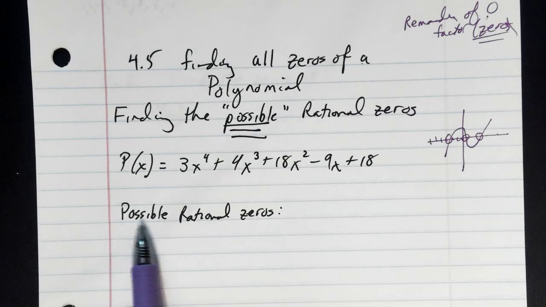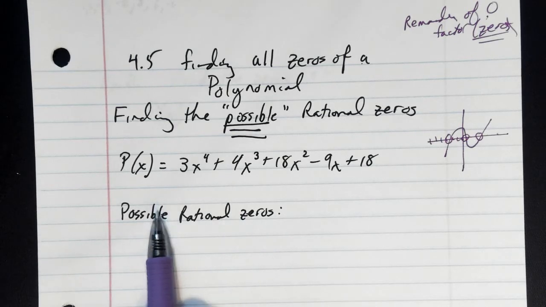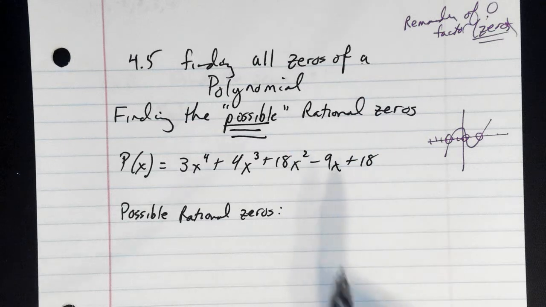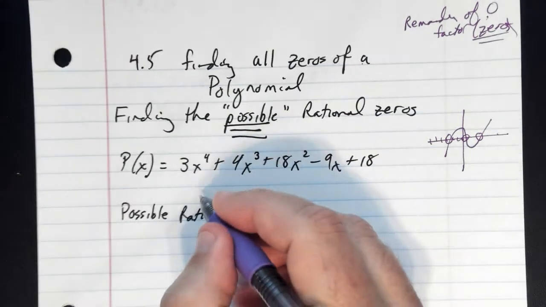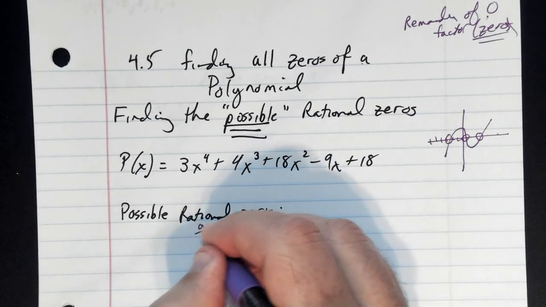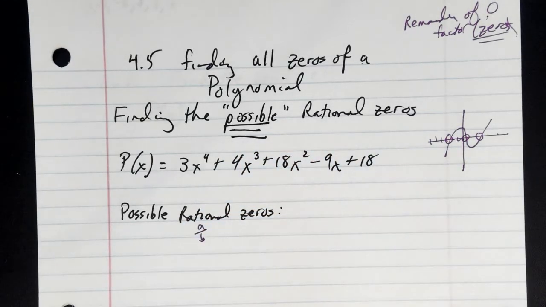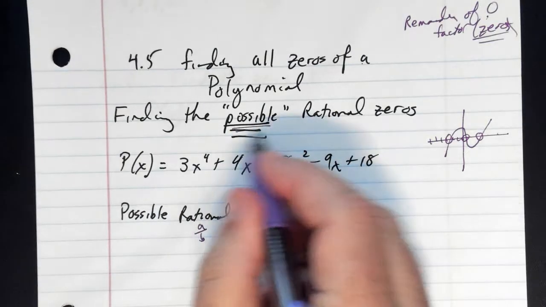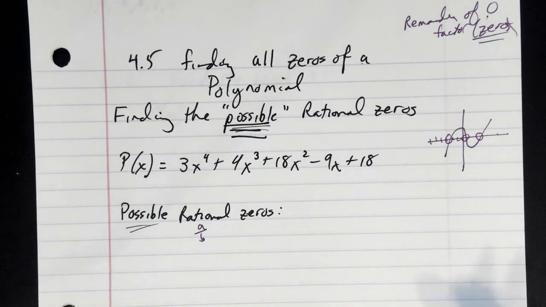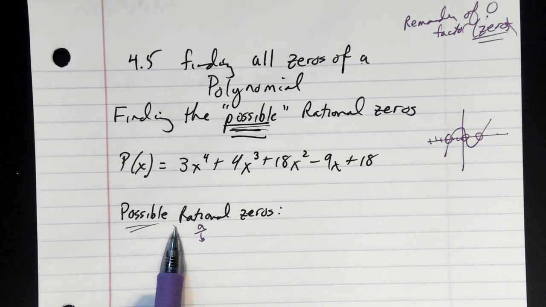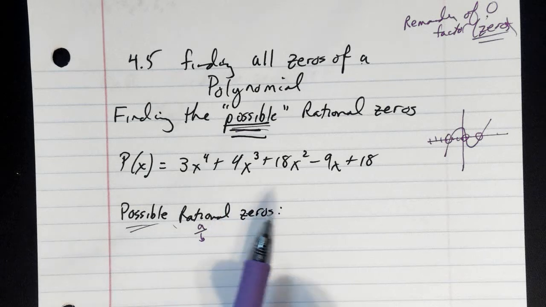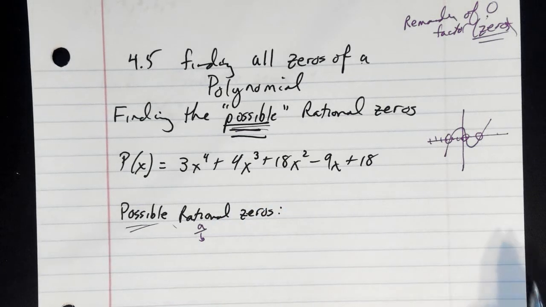Now this rule gives us the only possible ones that might actually give me a remainder of 0 that are rational. In other words, they have to be in the form of a over b, which are whole numbers also. And the term possible means these are things that might work, but they might not work. The nice thing is that the list of possible zeros are the only possible rational numbers that can work.